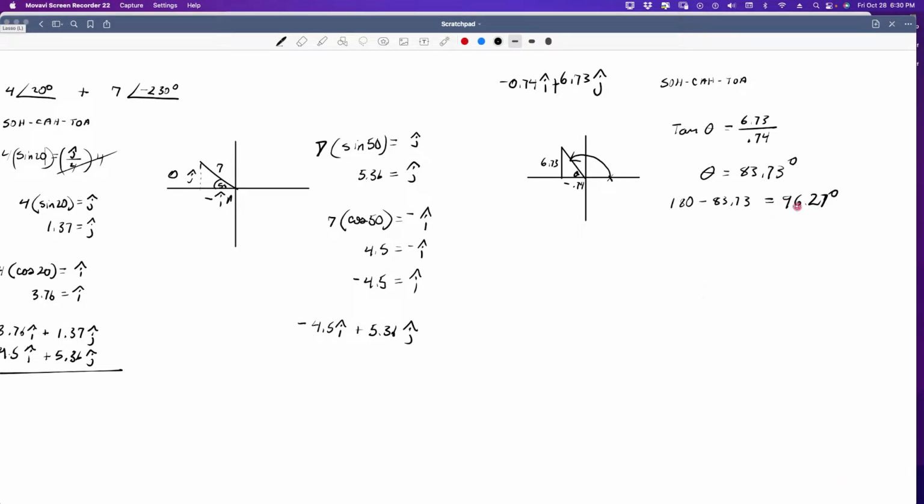Okay, so this 96.27, that is what goes in here in our polar coordinate, 96.27 degrees. Let me make that where you can actually read it. There we go. So now we have to get the hypotenuse, which is the magnitude or the distance of this vector here.